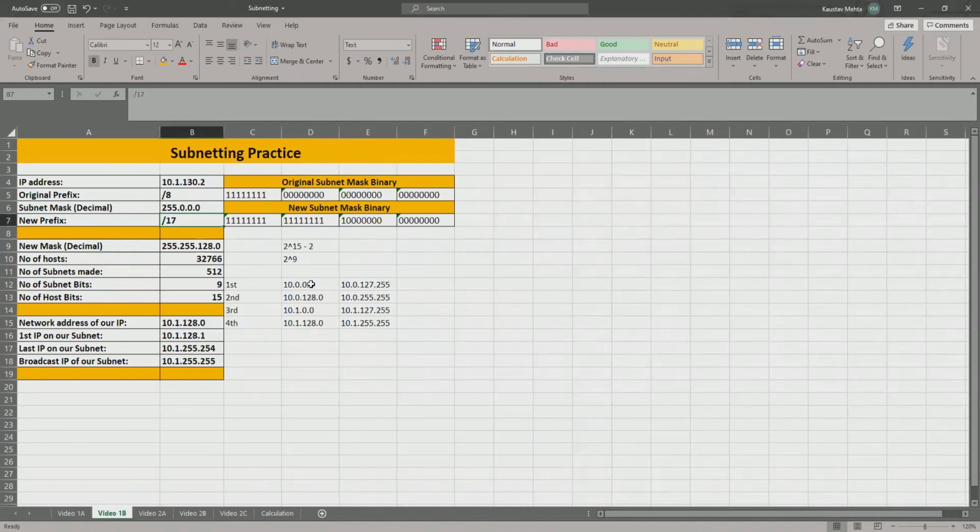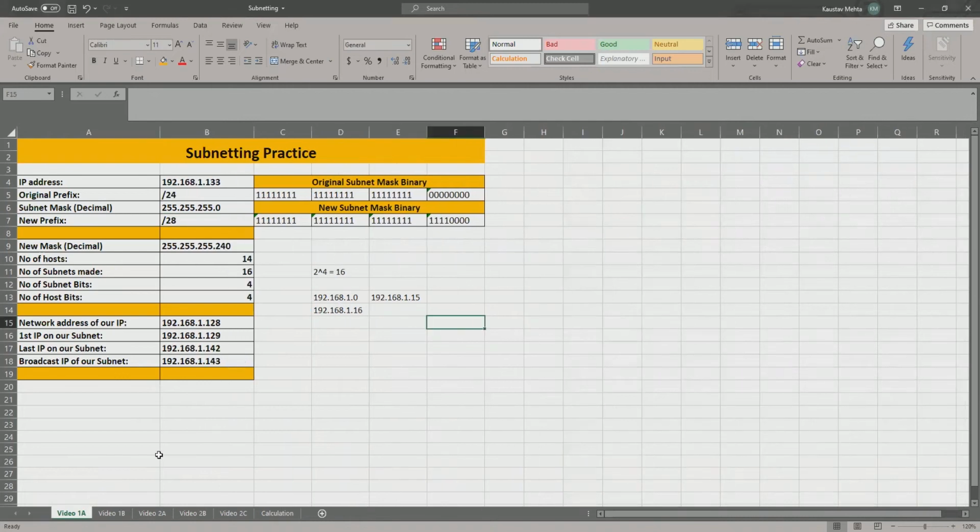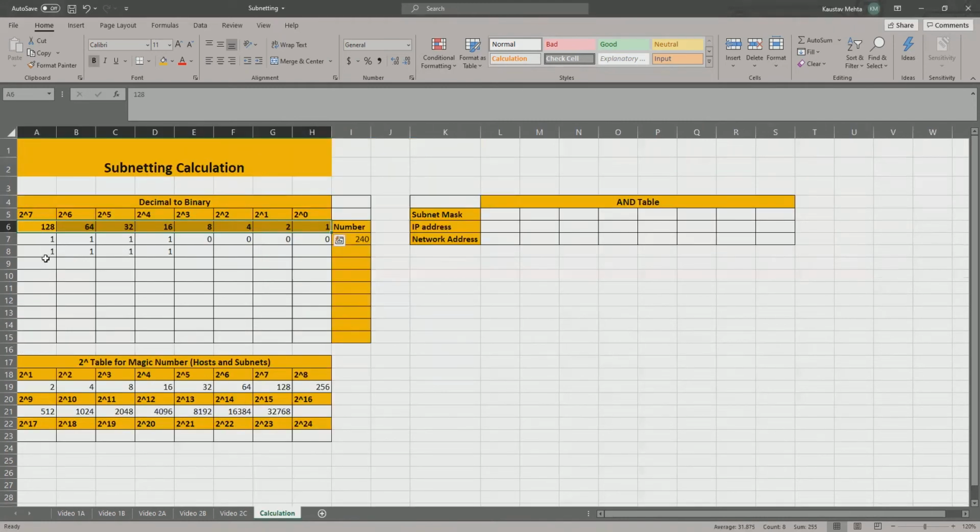I realized this later on when I was actually recording this part of the video. So the concept of magic number in simple terms is that if you're borrowing 4 bits on any octet, let's just clear this off. So if you're borrowing 4 bits, we type in 4 ones here in the binary to decimal table, or whatever you want to call it.